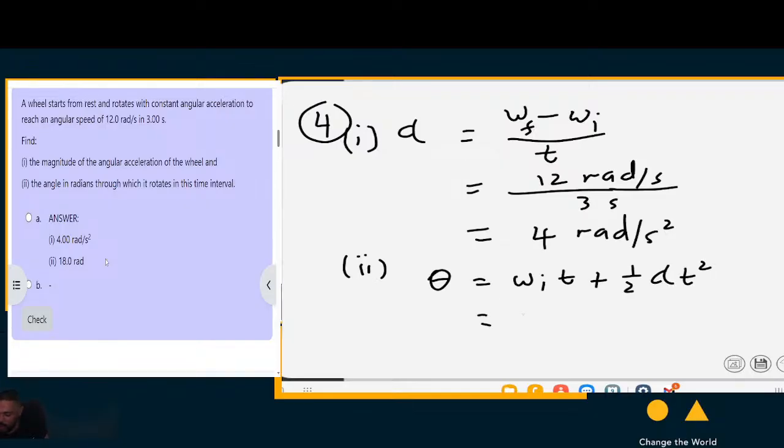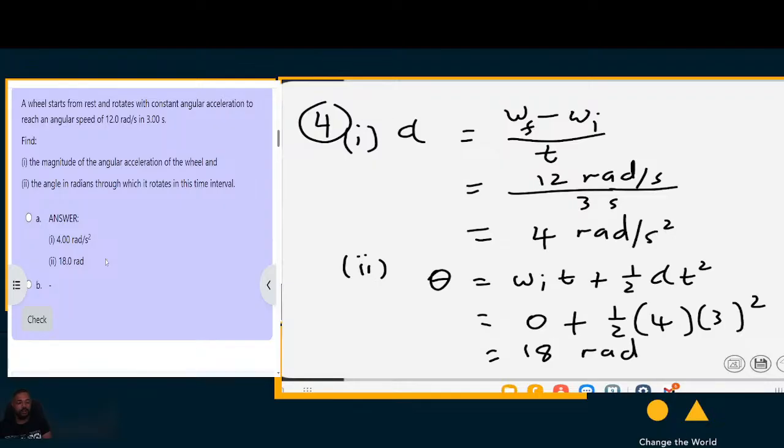You say it starts from rest, so this is 0 plus a half times the angular acceleration, 4 radians per second squared, times the time, 3 seconds, squared. That is 4 times 9. So a half of 4 is 2. 2 times 9 is 18, so that's 18 radians.